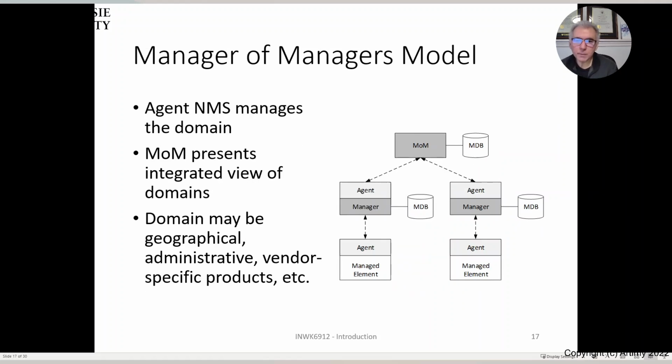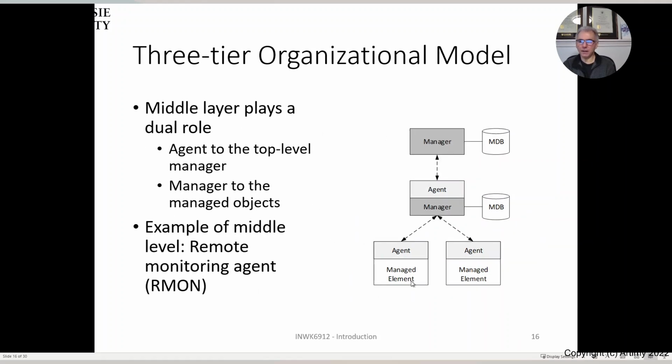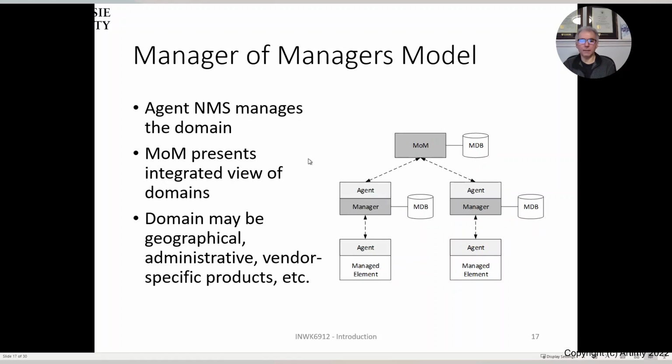Okay, there is also something called a manager of managers. The manager of managers works the same way as this one. In your notes, you will see the diagrams are quite similar to each other, though here I have a smaller diagram.